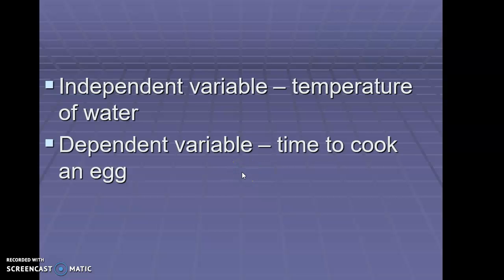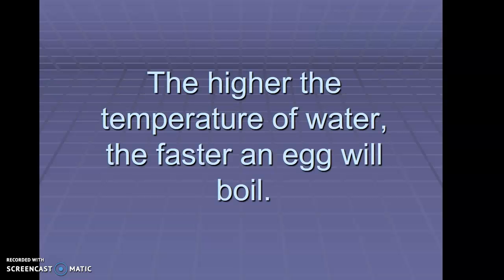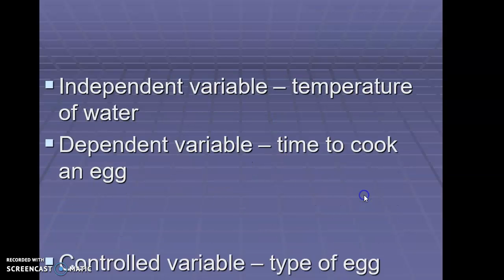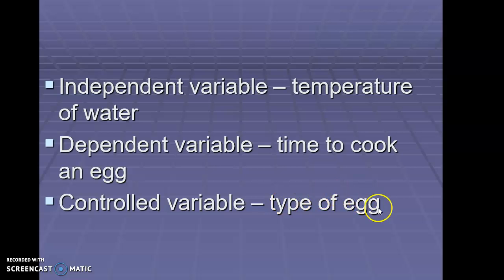So what would be some controls in this situation? Okay? The higher the temperature of water, the faster an egg will boil. There's not anything else listed here, so controls would, again, keep the experiment fair. So what would be something that would need to be, or things that would need to be the same? Remember, the only thing we're going to change is the temperature of the water. Let's look. All right, the type of egg.